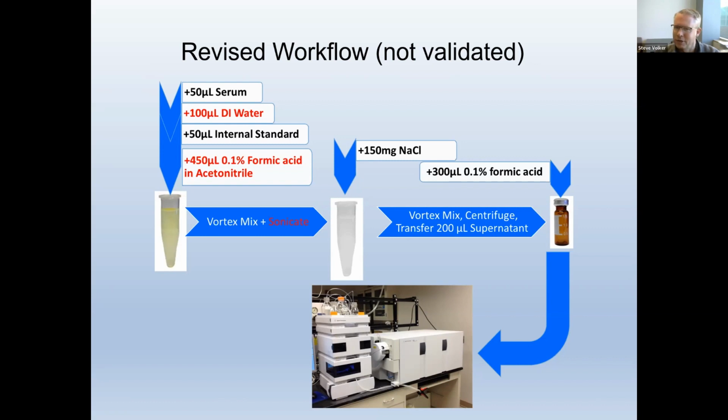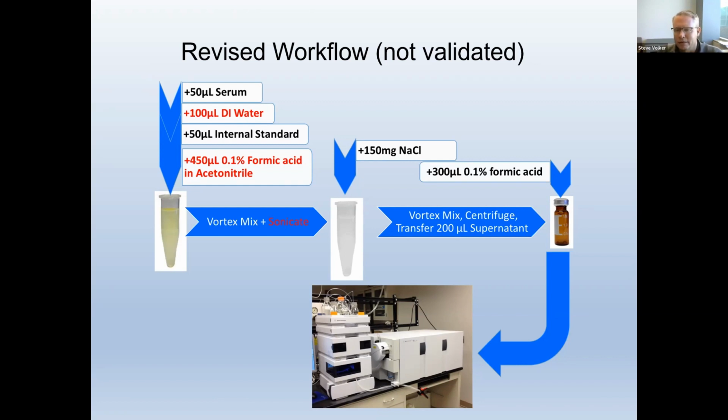We're adding the 50 microliters of serum, but then an important step is the addition of 100 microliters of water. And what that does is it just dilutes the proteins so that when the acetonitrile is added, it prevents the clumping of the proteins, which was observed in the original method.